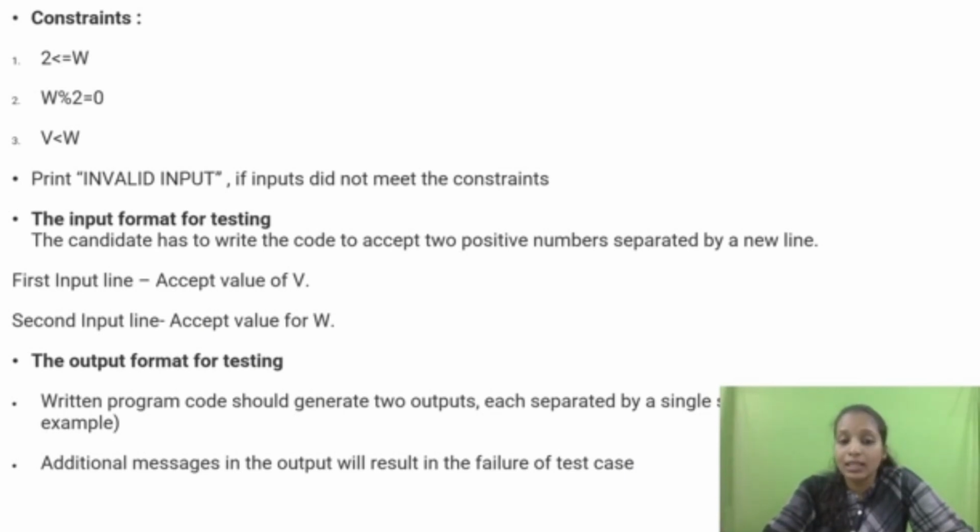Additional messages in the output will result in the failure of a test case. So any output apart from the two-wheeler and four-wheeler counts will fail the test cases that we provide.